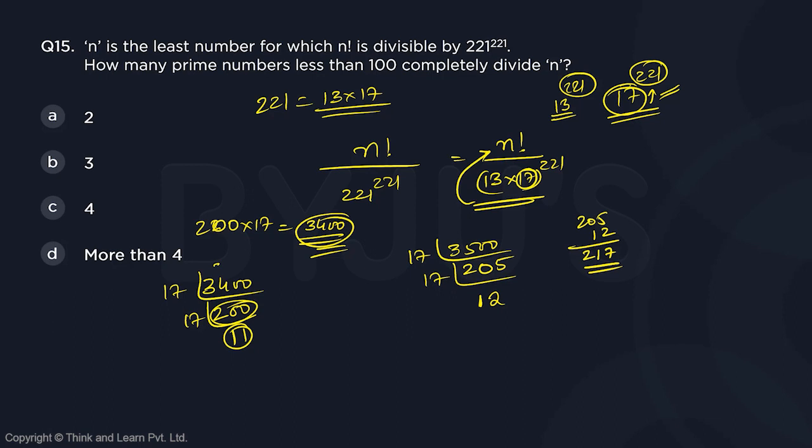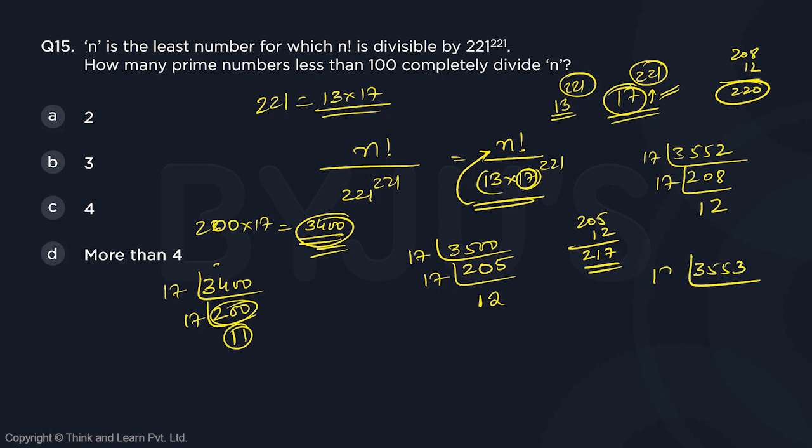So let me check for 3552. When I'm looking for the powers of 17, 3552 gives me 208, and then 17 ones are 17, 17 2s are 34, so 12 more. So this is 208 plus 12, 220. I need one more. So let me go to 3553.